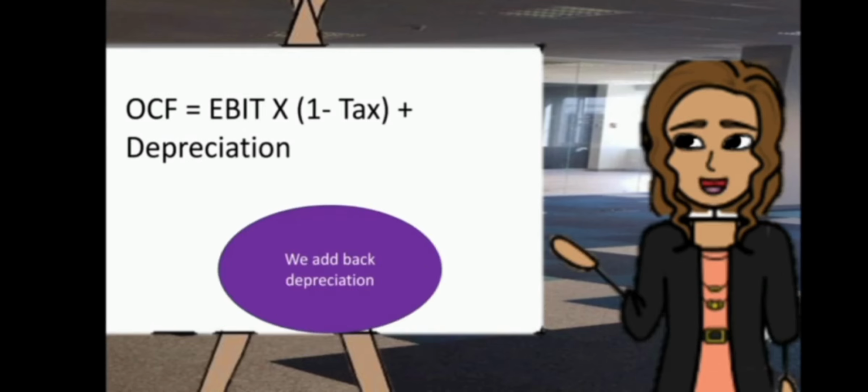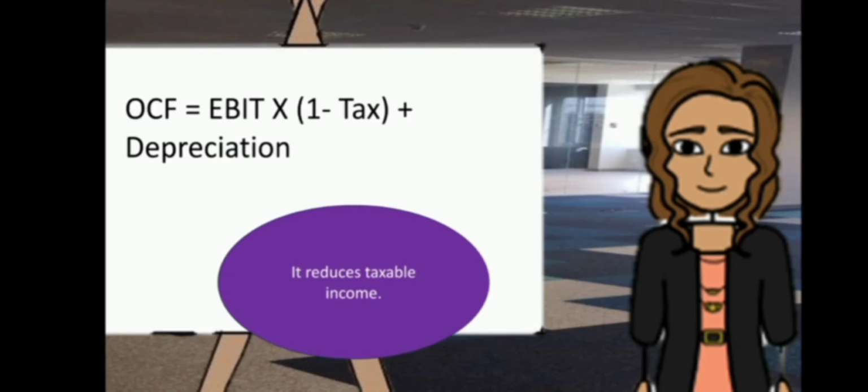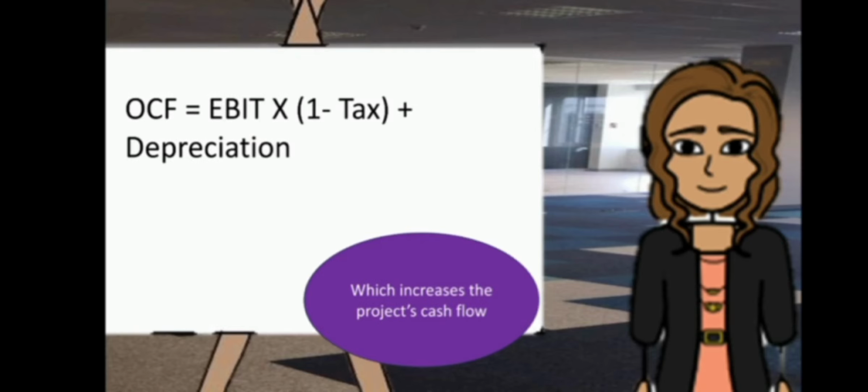Next, we add back depreciation. Although depreciation is a non-cash expense, it reduces taxable income. This reduction in tax creates what is known as a depreciation tax shield, which increases the project's cash flow.